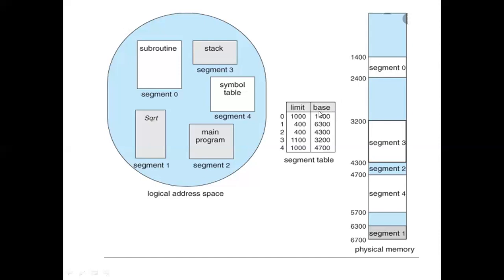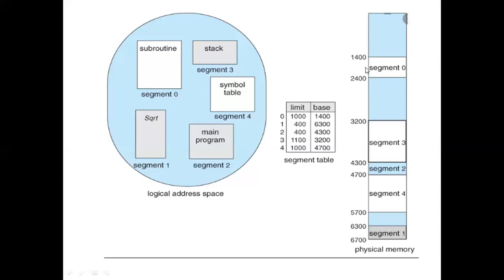Any address which is greater than 1000 is a problem. If I give 3 values: 0, 1001, 1400, which segment is it referring to? Segment 0. What is the limit? It is 1000 and the base is 1400. But let's say the logical address generated has an offset of 1001.